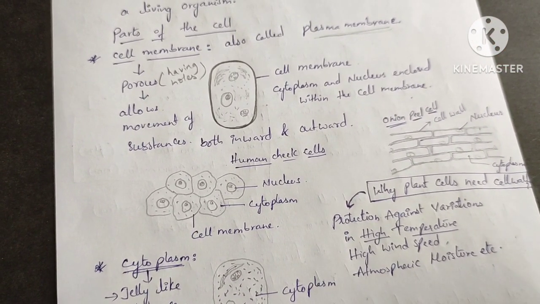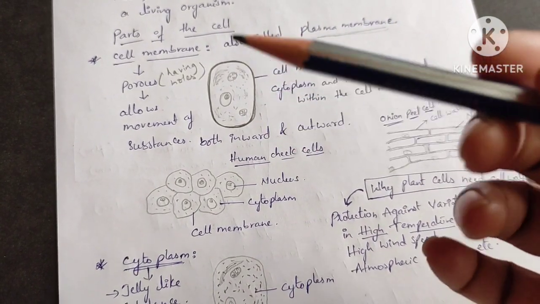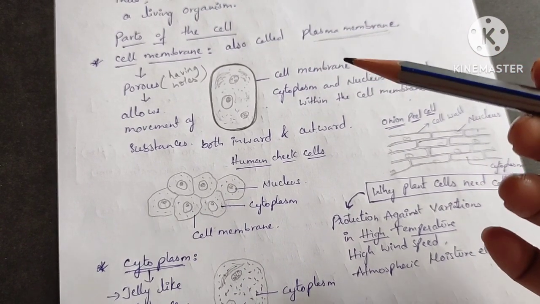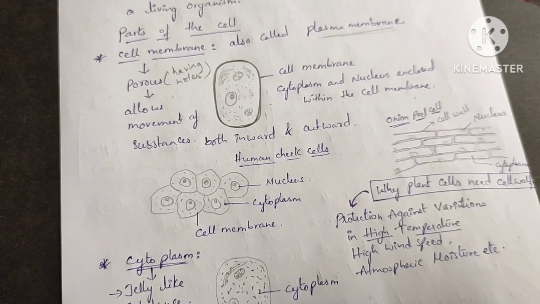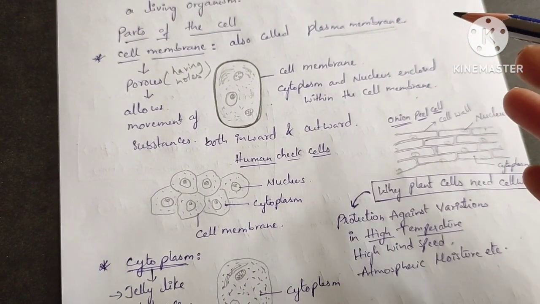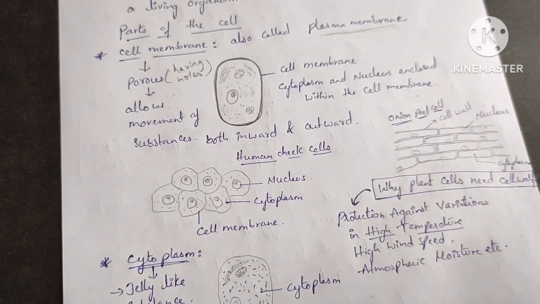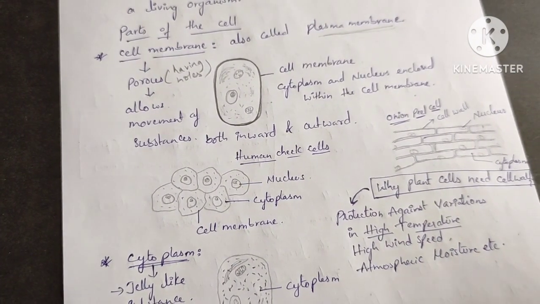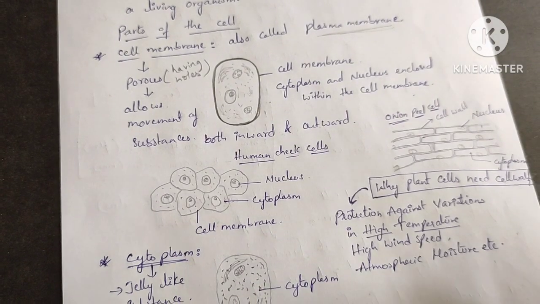But one thing we have to keep in mind, this cell membrane is selectively permeable. Selectively permeable means it allows only selected materials. It doesn't allow all the materials to pass through it. That's why it is called a selectively permeable membrane.